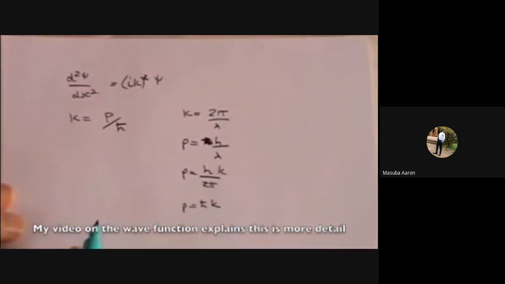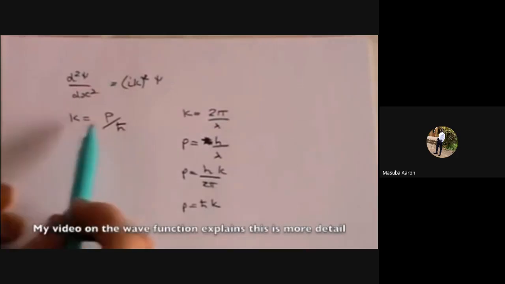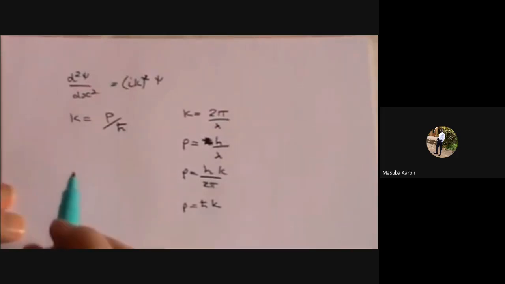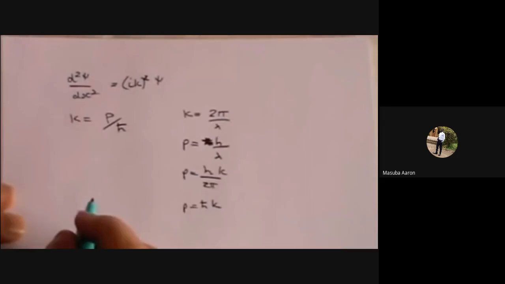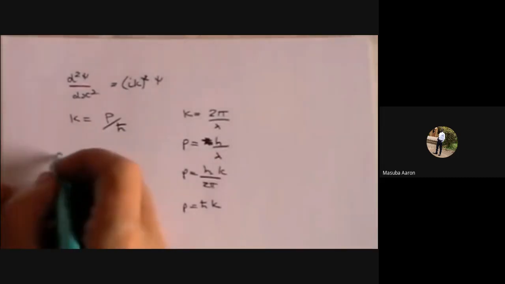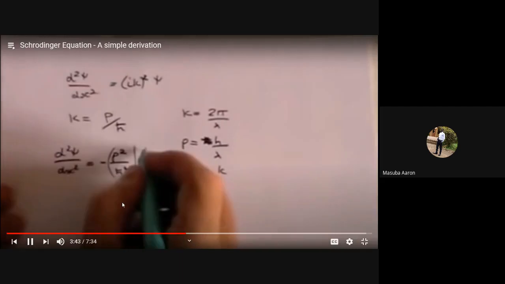Now we've got p equals h bar k, so k is p over h bar. So now we can say that d2 psi by dx squared is (ik) squared, of course, minus k squared, minus p squared over h bar squared, times psi.